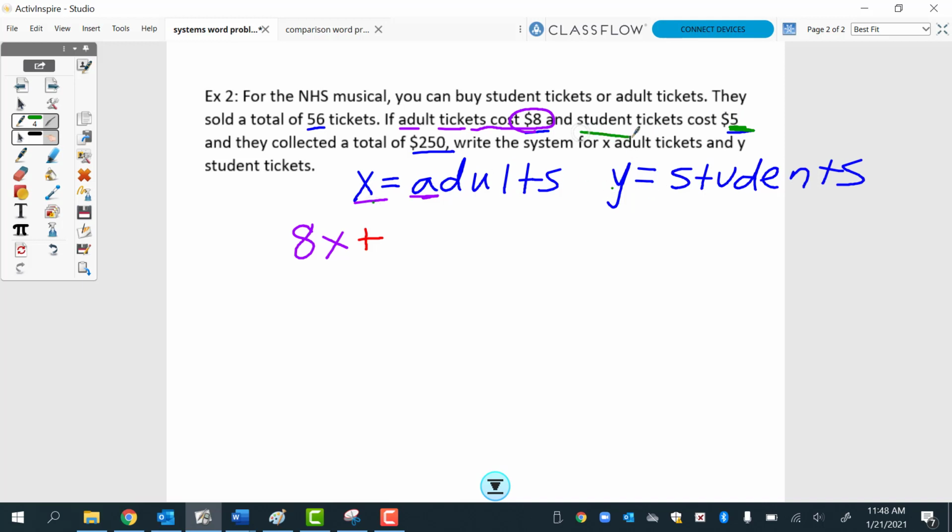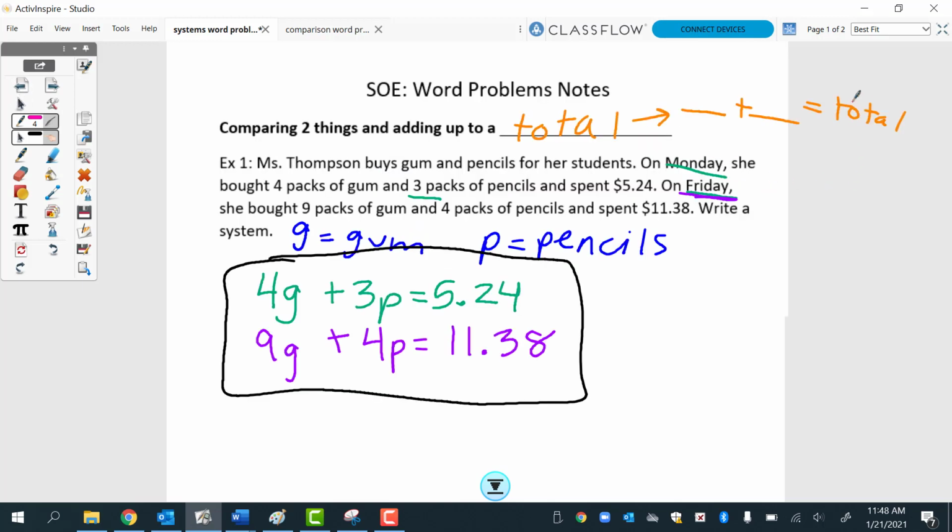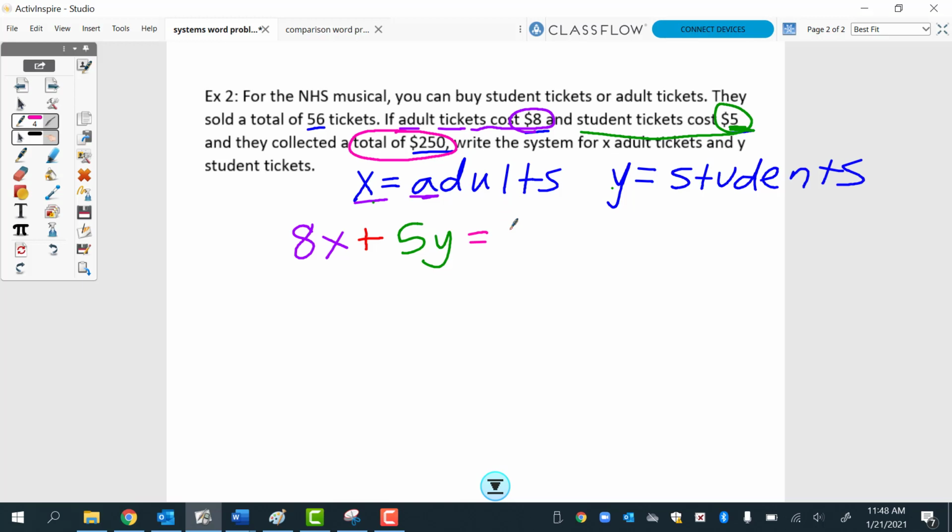Student tickets cost $5, so 5 goes with students. I know those go there because $250 was a total amount, and totals go over here by themselves. You're not adding anything to a total. So I'm putting $250 over here because it's the total. That's one equation, and I've already used all 3 dollar numbers.